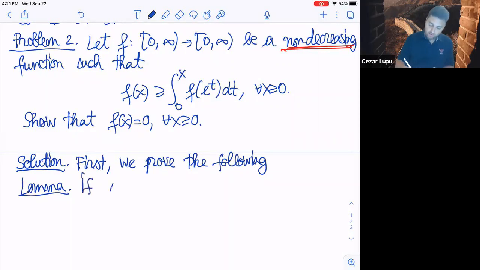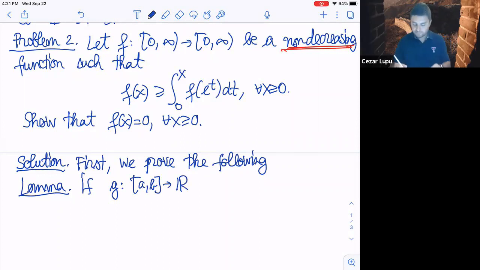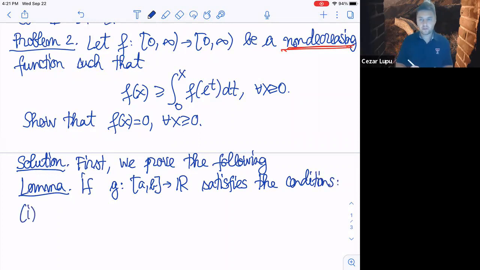If I have a function, let's say g, defined on a closed interval [a, b], real valued, it satisfies the conditions: the first one is g is non-negative for all x in [a, b), closed at a, open at b.